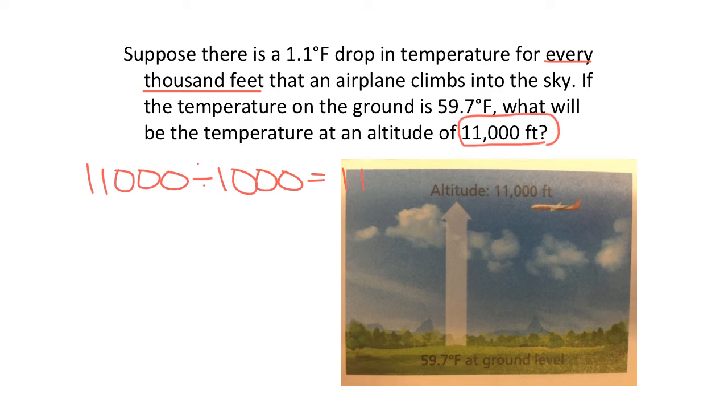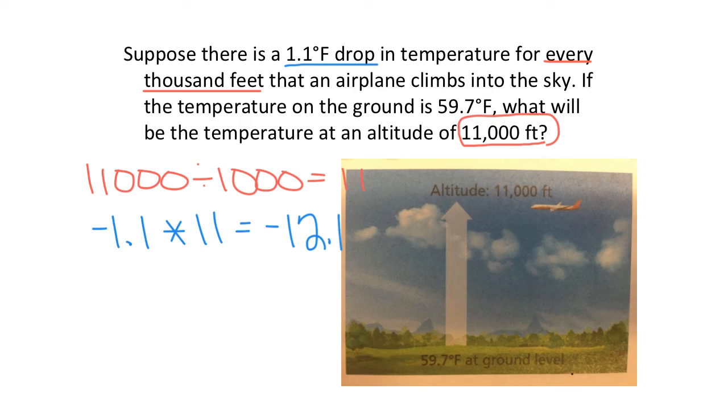Now we have 1.1 degrees drop for every 1,000 feet. Yep, it is a drop, so we have a negative 1 1/10, and we're going to multiply it by the 11. That's going to give us negative 12 1/10. My temperature as I climb is going to drop 12 1/10 degrees Fahrenheit by the time we get to 11,000 feet.